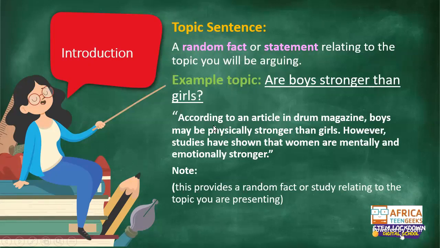Let's read. According to an article in Drum magazine, boys may be physically stronger than girls. However, studies have shown that women are mentally and emotionally stronger. Please note, this is a random fact or study relating to the topic that you are about to present.